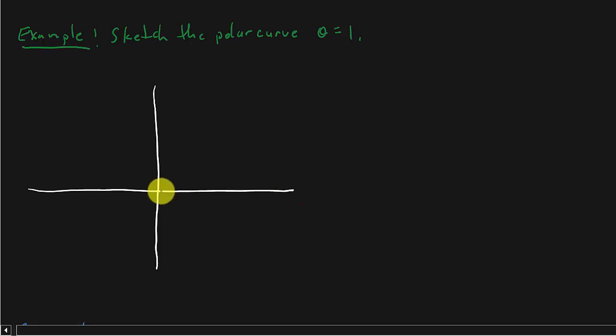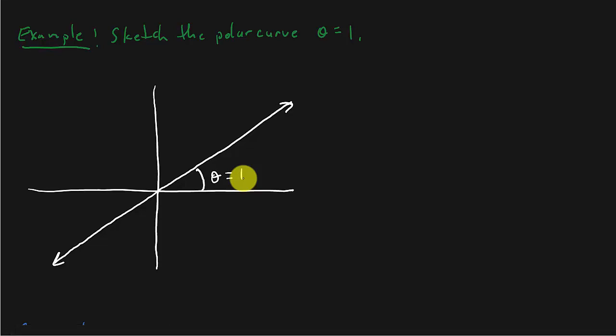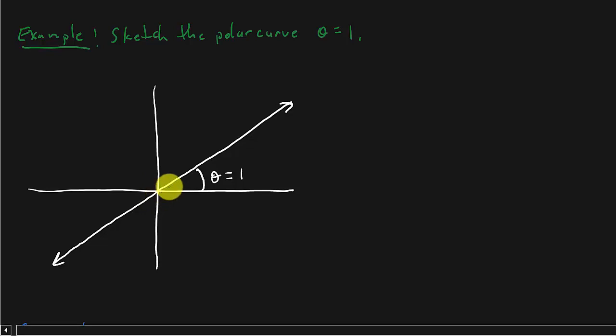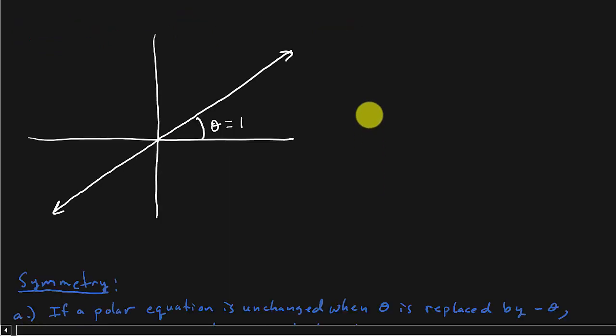So if I do this 1 radian, it's just going to be this. This is my theta equals 1 radian, and it's just a straight line. This would be the point r is 1, theta is 1. r is 2, theta is 1. And so on. That's all it is, a straight line.